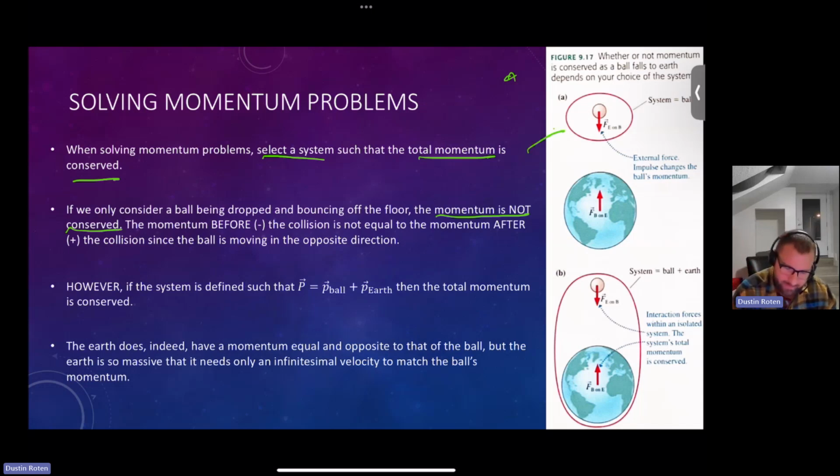And we're talking about the situation here where we have just the ball as our system. Okay, so the momentum before the collision is negative, because in the before situation the ball is moving in the negative y direction. Okay, and this negative value, so we have negative p in the beginning.